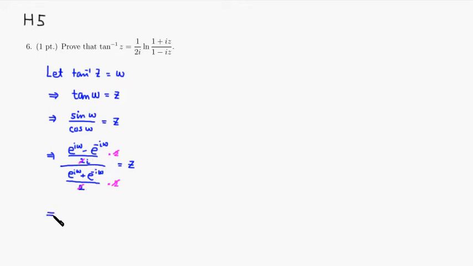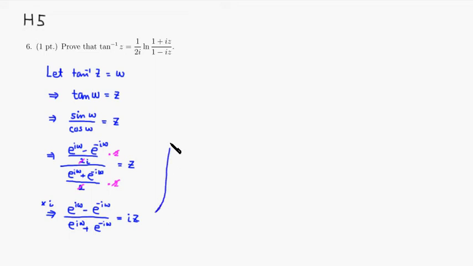So this is going to become e to the iw minus e to the negative iw over e to the iw plus e to the negative iw. Since we multiply both sides by i, this i cancels out, and then you're going to have iz.